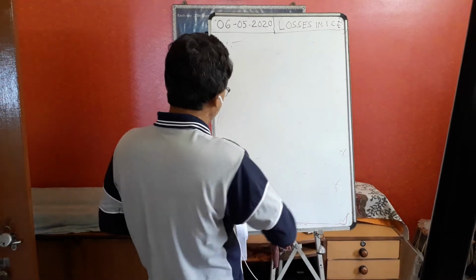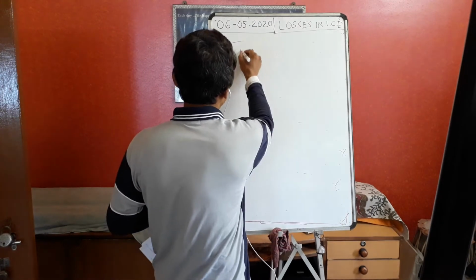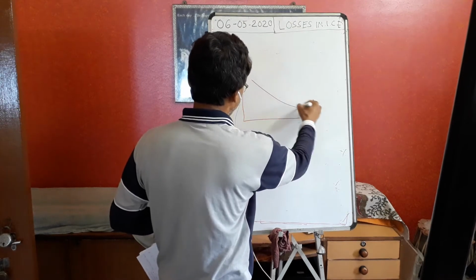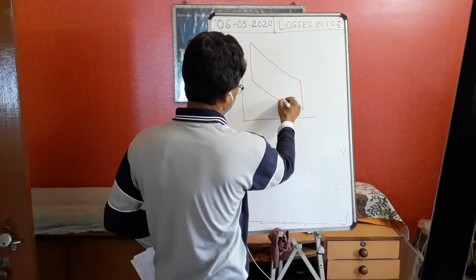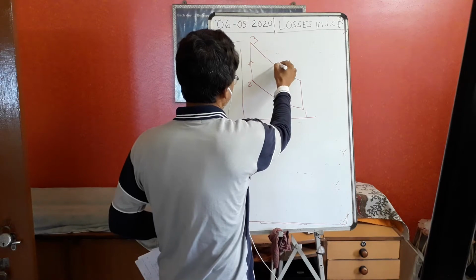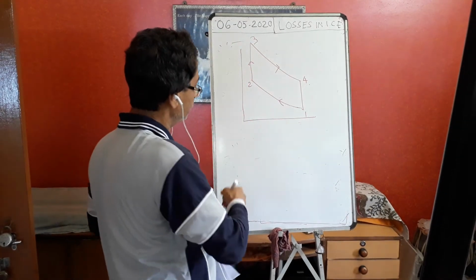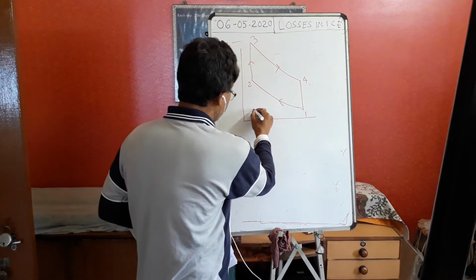Now pumping loss. Ideally, what should our PV diagram be? This is our compression, 1 to 2, 2 to 3, 3 to 4, then ideally it should be like that, and this is my suction.